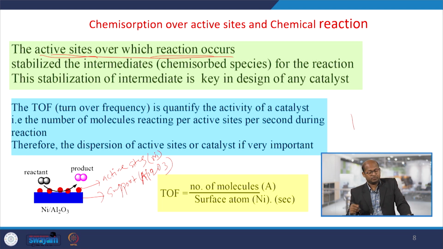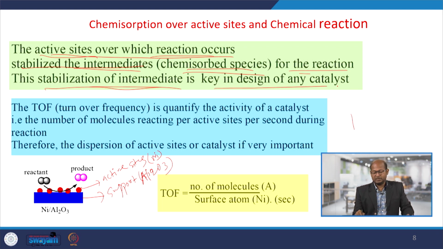So, active sites over which the reactions occur stabilize the intermediates or chemical species for the reactions, and this stabilization of the intermediate is the key in the design of any catalyst.